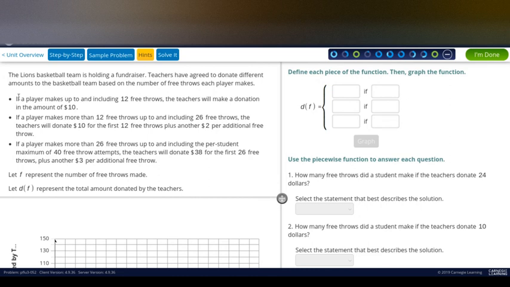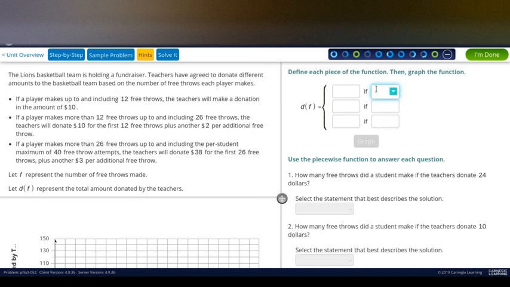So if we start with our first equation, we are going to figure out our domain first. If a player makes up to and including 12 free throws, the teachers will make a donation in the amount of $10. So the number of free throws is going to be our domain. This is up to and including 12.